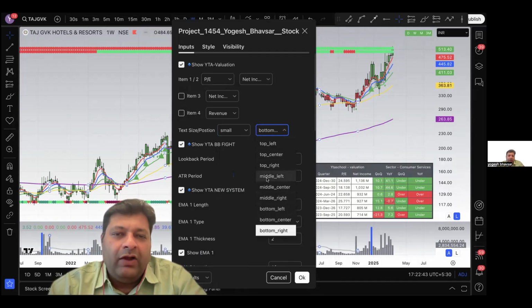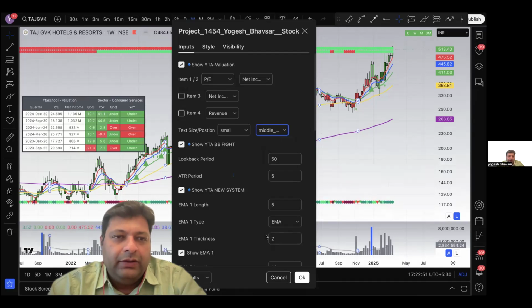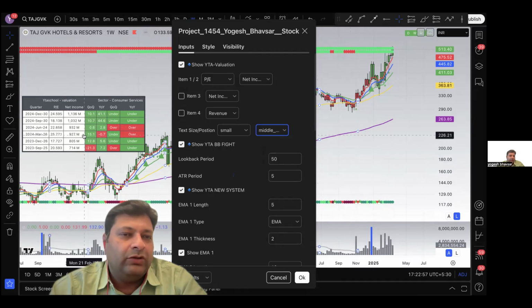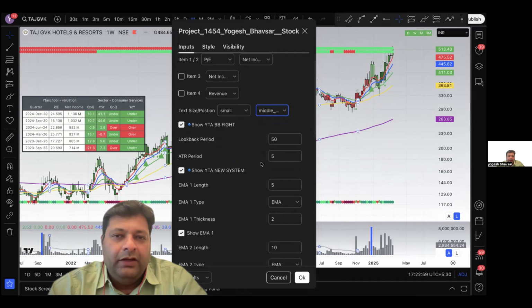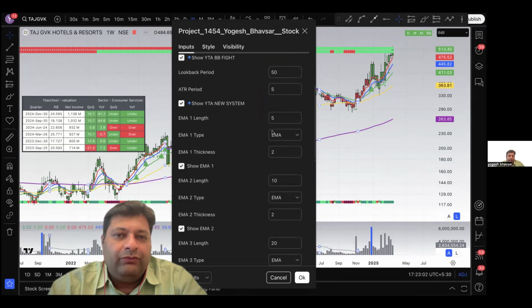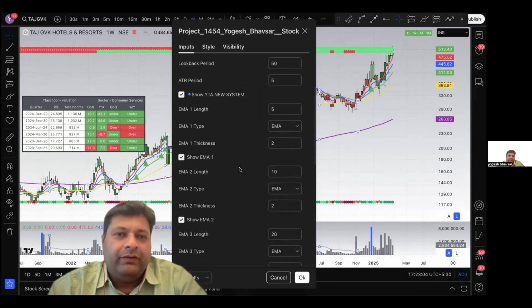Normally I always do middle left or bottom left. Now you decide however you want. I will use middle left. And see this, the valuation indicator, which was first on the right hand side, has come on the left hand side. These are a couple of setups which you all can do.